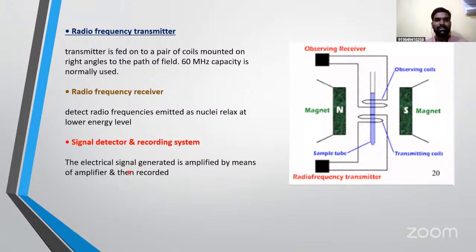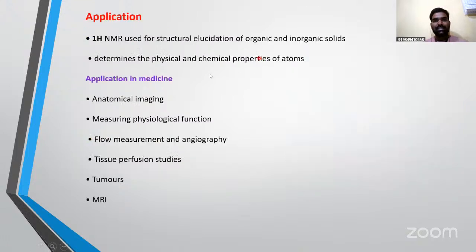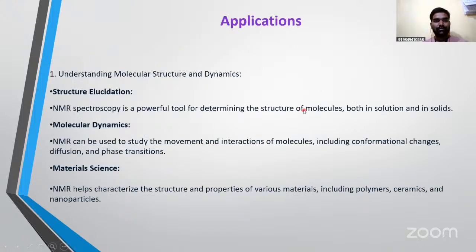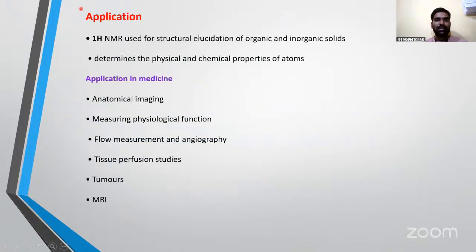Okay. This is about the instrumentation. You can see the applications of this NMR spectroscopy here. Let us see the applications. One, hydrogen NMR is used for the structural elucidation of organic and inorganic solids.